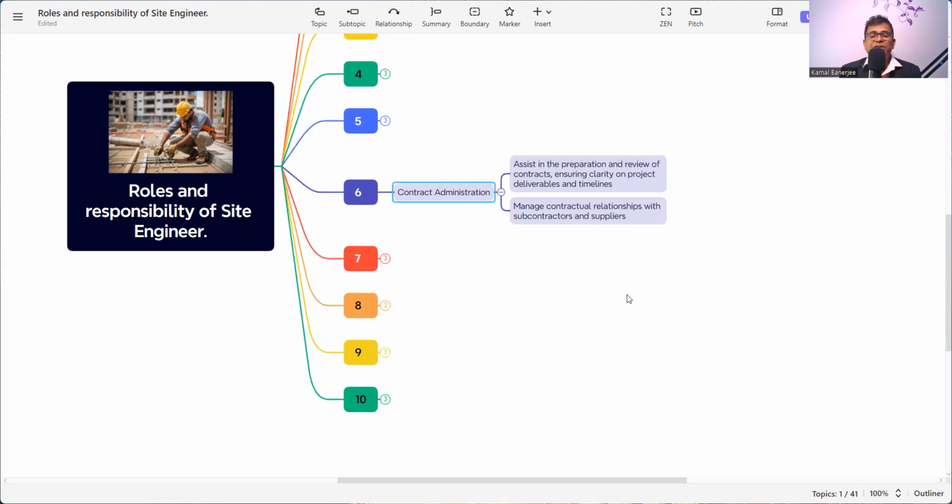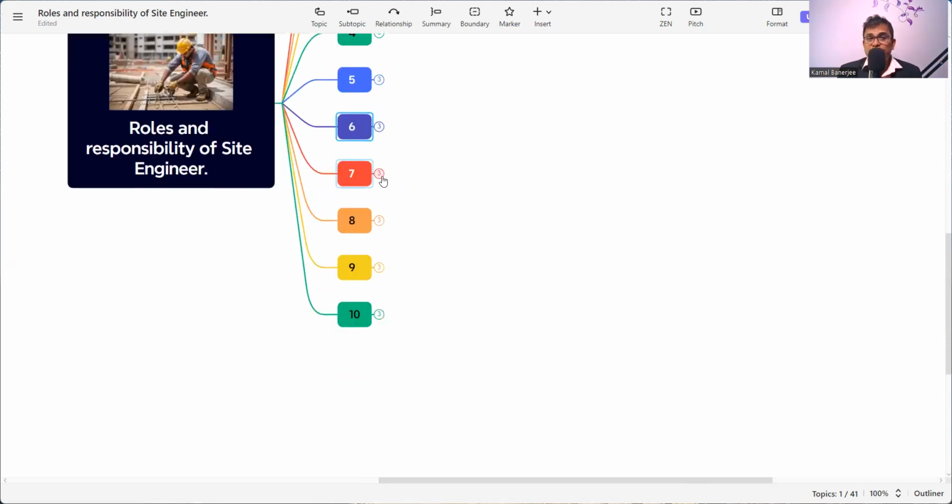So in this contract administration also you need to help, because you are the first point of checking and the witness that the work is not as per the requirement. So you need to give the information to the concerned department for their necessary action. So this contract administration also is a role and responsibility of a site engineer.